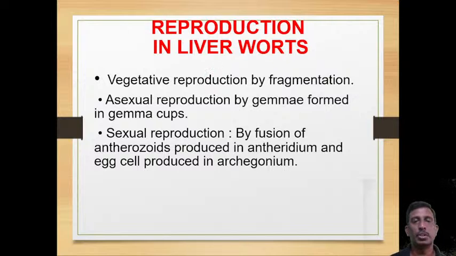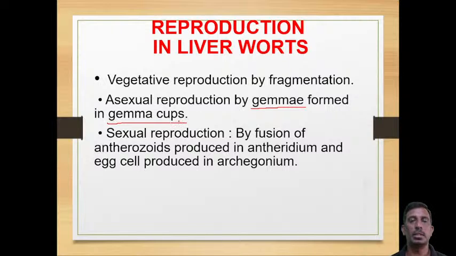When you come to vegetative reproduction, it is by fragmentation. So the thallus is broken down into fragments, and each fragment will form a new thallus. Asexual reproduction is by gemmae. Gemmae are formed in structures called gemmae cups.